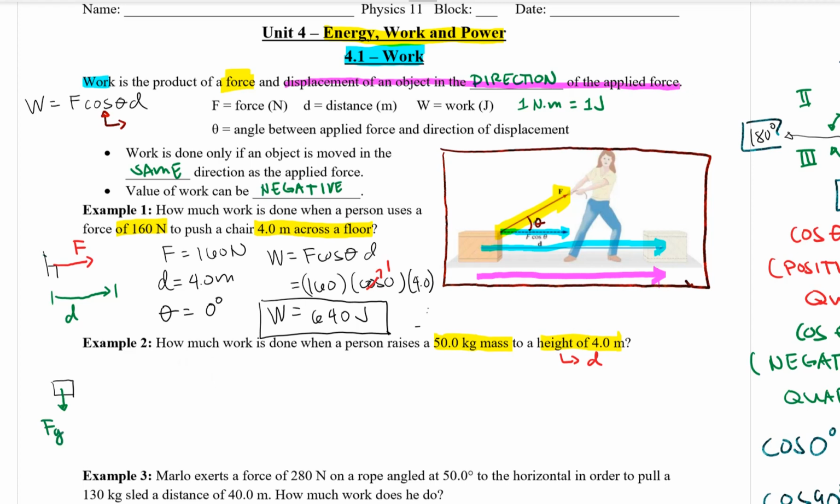The force of gravity is always directly downward, and the magnitude of the weight is given by the product of the mass and the acceleration due to gravity. So you have 50 multiplied by 9.8, which gives you 490 newtons.